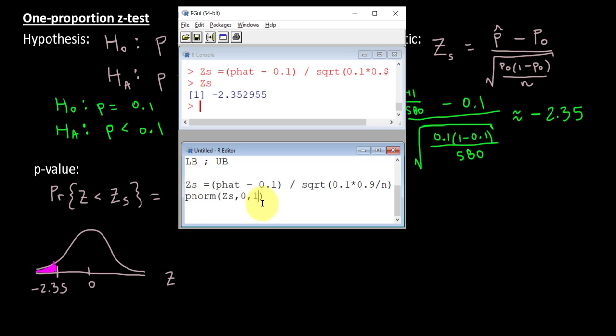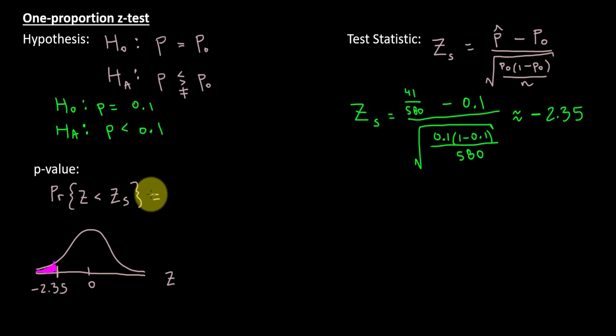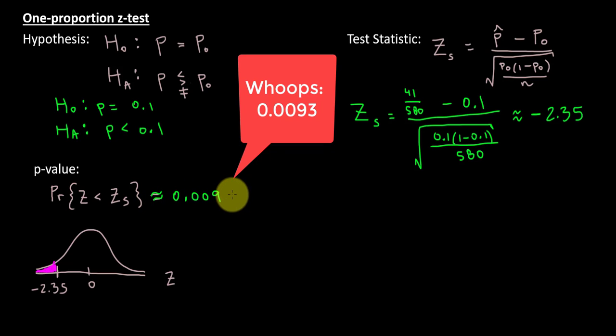We are expecting to reject the null hypothesis, so we are expecting a small probability here. And indeed, we got about 0.009. So I will type that here, that this is approximately 0.0094.